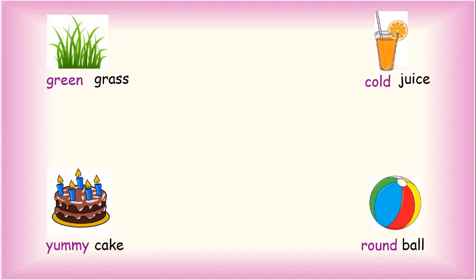So here also grass, juice, cake and ball are all naming words. And the words green, cold, yummy and round, they tell us more about these nouns. Or in other words, we can say they describe a noun.